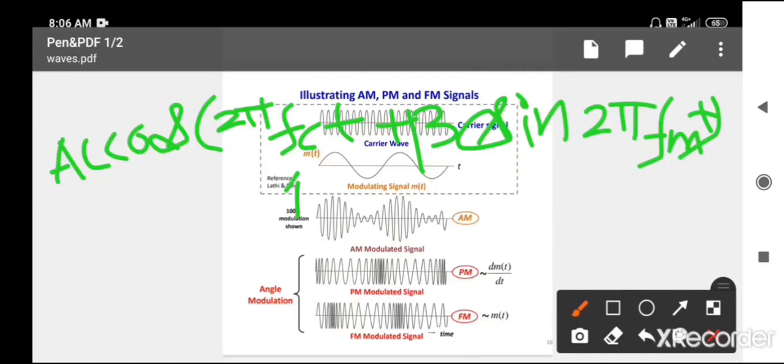Here fc is the carrier frequency, fm is the modulating frequency and beta is the modulation index. So it is the basic formula for FM.